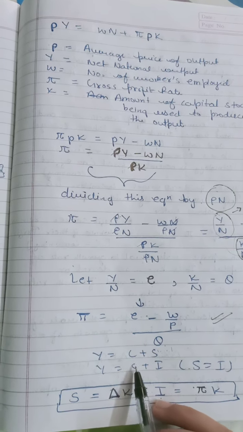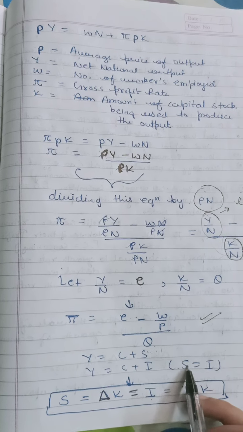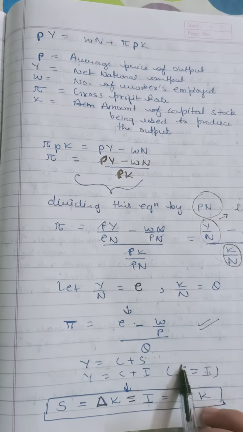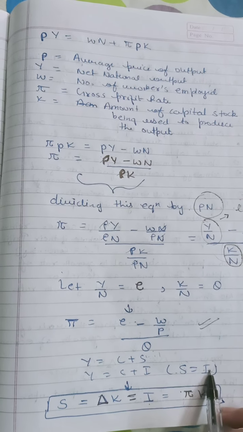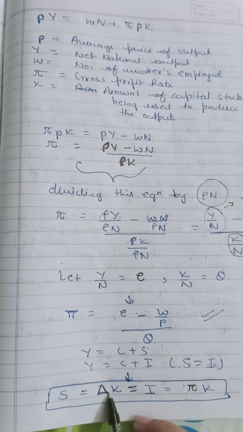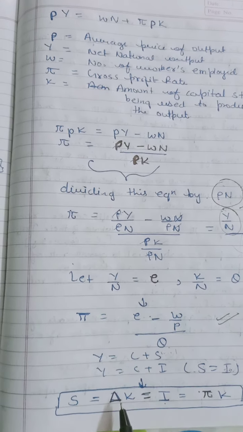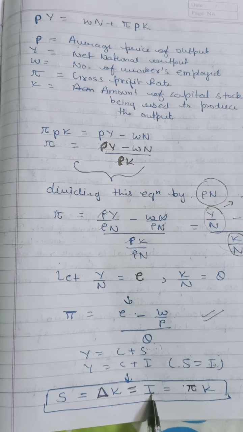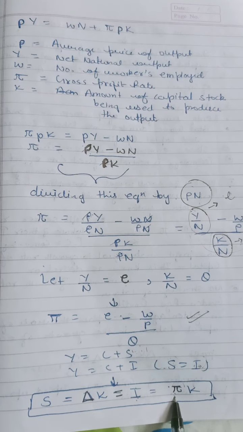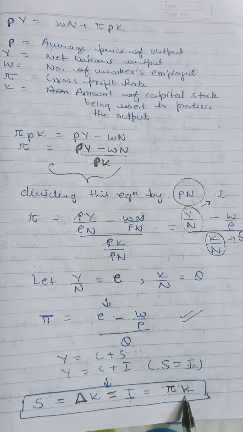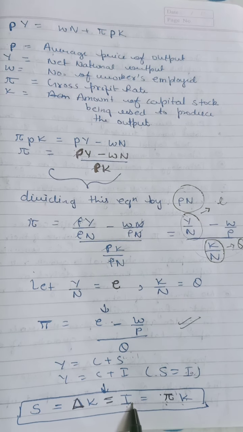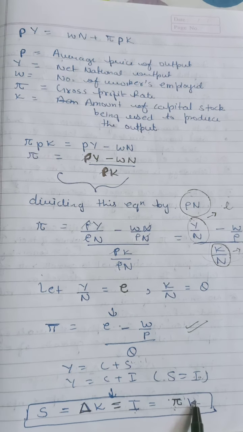So income is consumption plus saving, and saving will turn into investment, where we have proved that saving is always equal to investment according to Keynes, and saving can also be considered as the change in capital, and this saving is equal to investment, and investment is equal to the profit that you are getting from the capital.